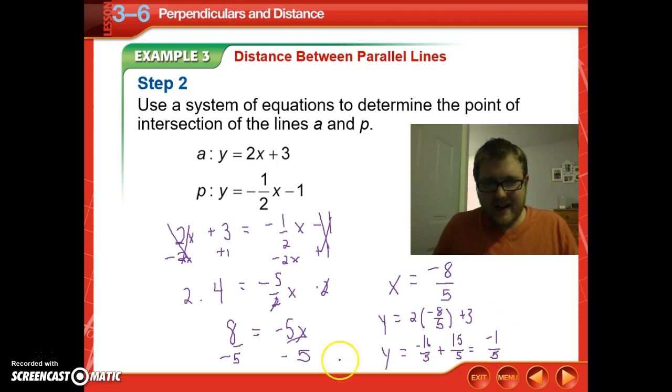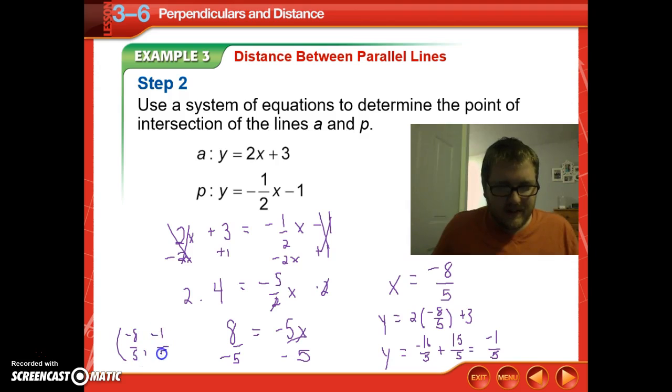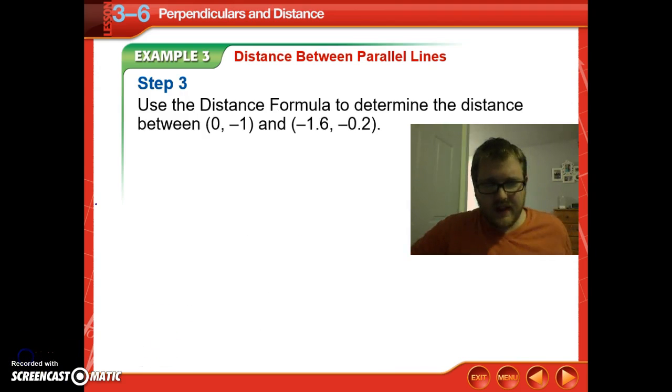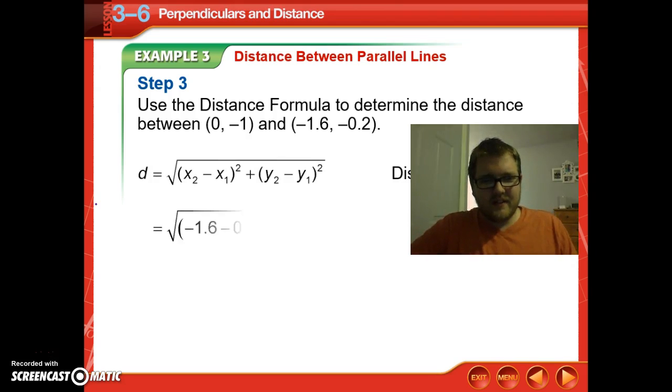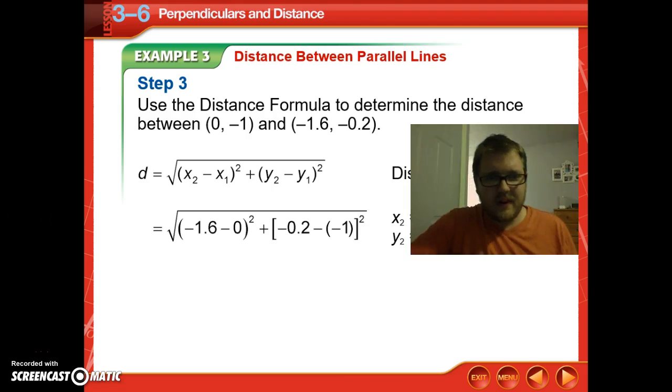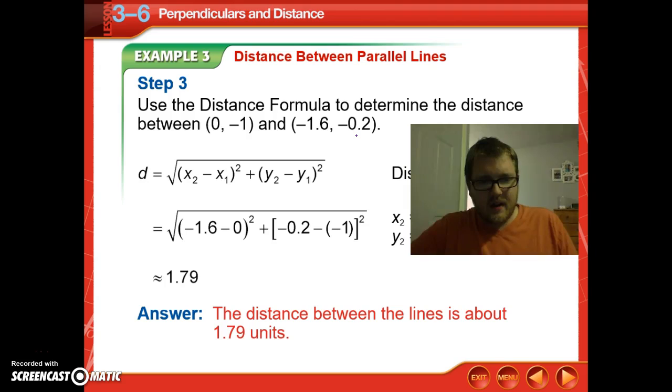So our point lies at x is negative 8/5, y is negative 1/5. So negative 8/5, negative 1/5 becomes negative 1.6, negative 0.2. And we're just going to use the distance formula to find the distance between the two points, the point that we know is on B and the point we know is on line A. And our answer, you should get 1.79.